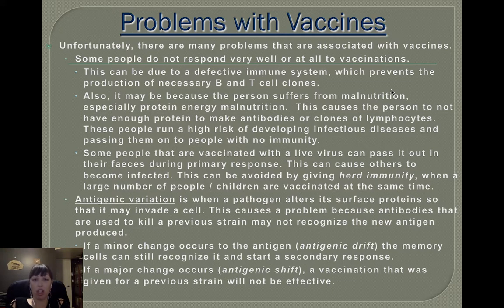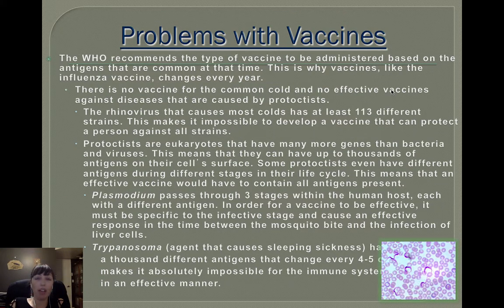But if it's a major change, okay, which is called antigenic shift, a vaccination that was given will no longer be effective. Okay, and this commonly happens, this antigenic shift, in flu viruses. Okay, the WHO recommends the type of vaccine to be administered based on the antigens that are common. So this is why vaccines like the flu vaccine change every year.